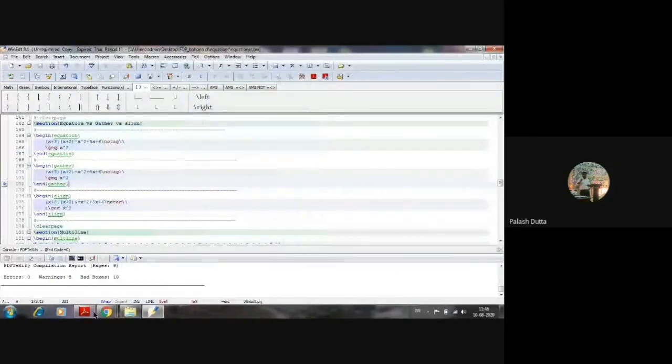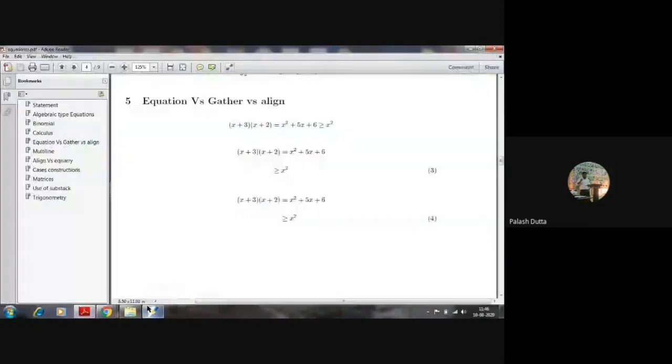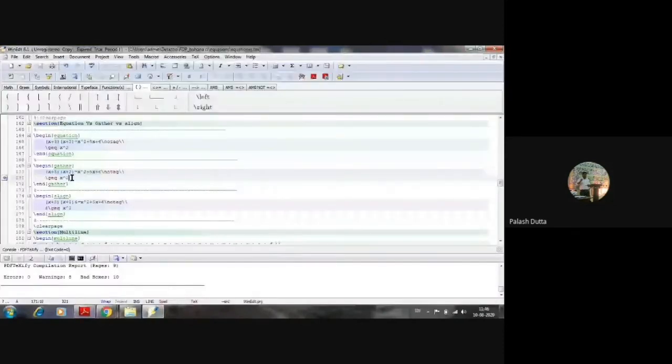We did not use the nonumber tag. Then also we are getting equation 3 for this expression. If I use nonumber, then we can observe the difference.